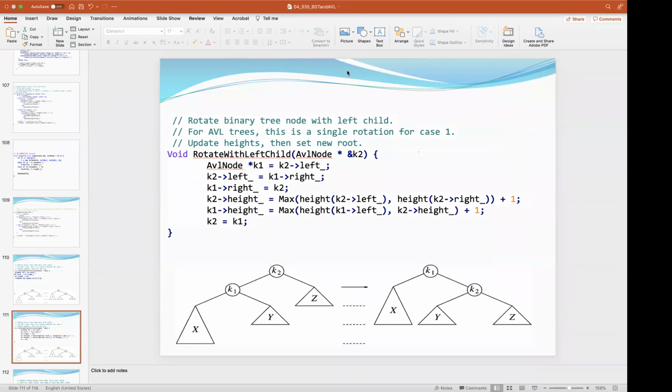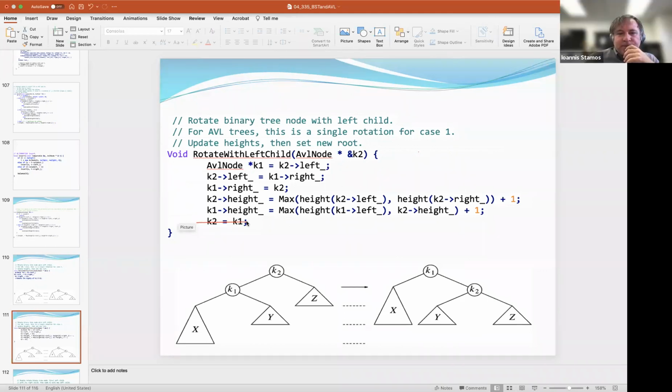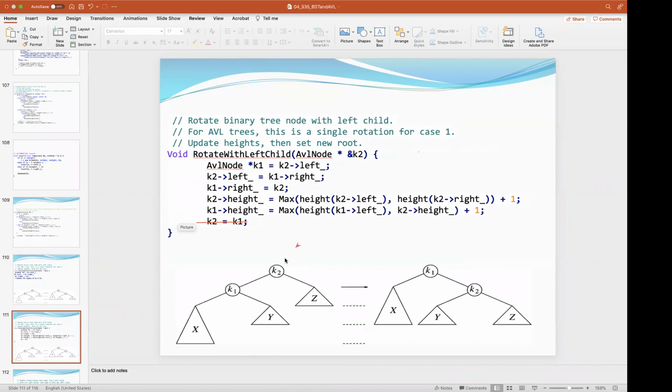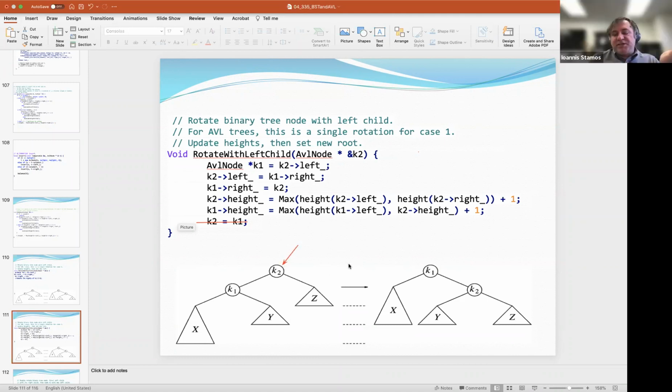Whatever is pointing to whatever is above K1 and K2. Let's say you don't do that. Whatever is above K2, where will it point to? Note that this is the situation here. K2 has some pointer above it.